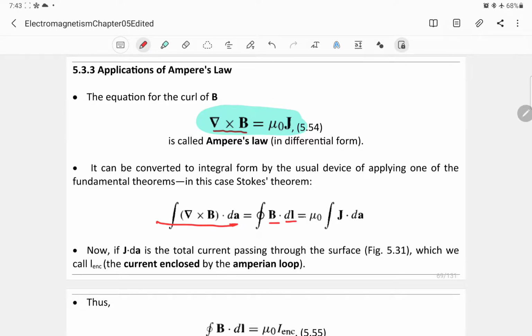So your B·dl is now equal to, of course, you're integrating this with respect to an area, so you also have to integrate this with respect to an area.